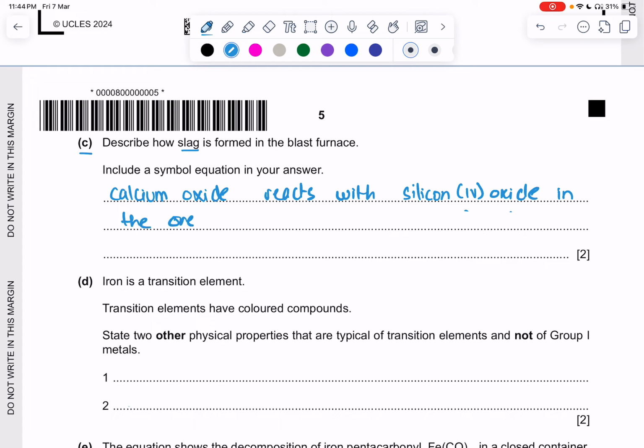To support our answer, we will write a balanced chemical equation: CaO, calcium oxide, plus SiO2 gives the product CaSiO3, which is the formula of slag. Chemically it is called calcium silicate.